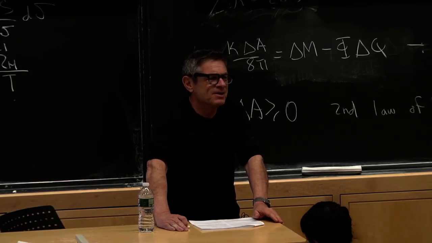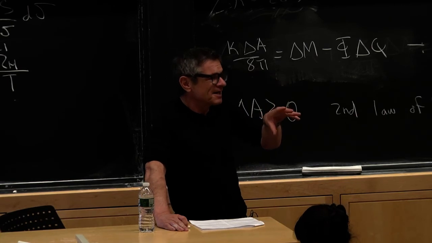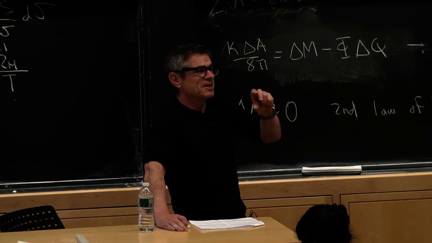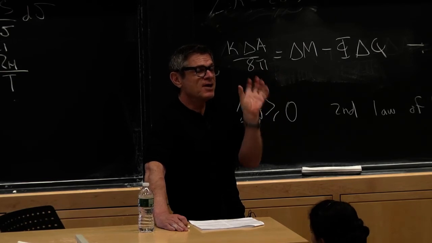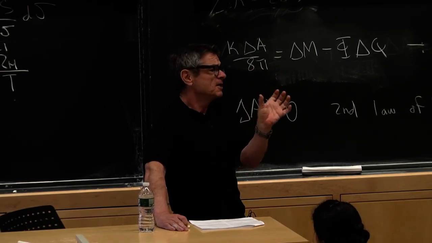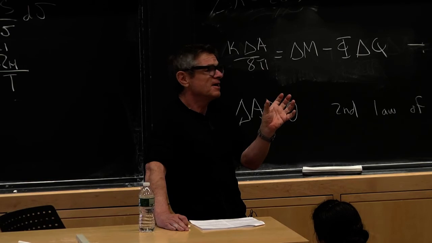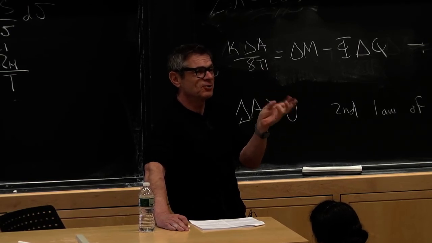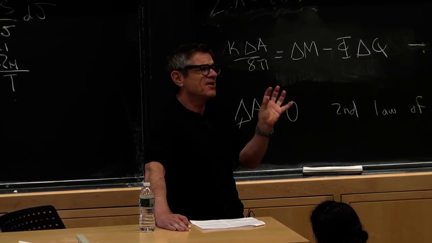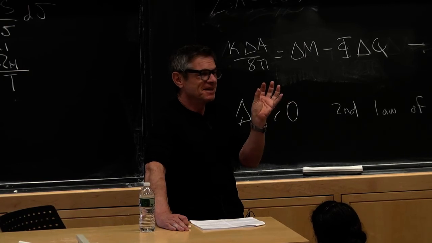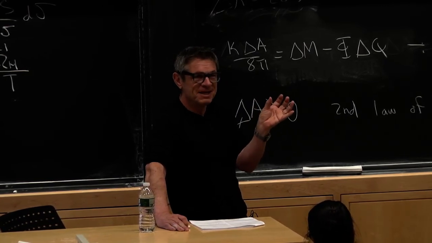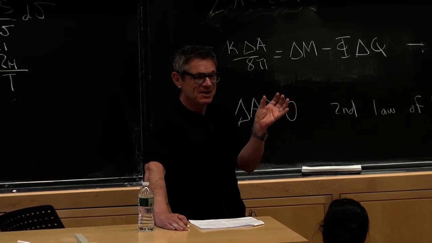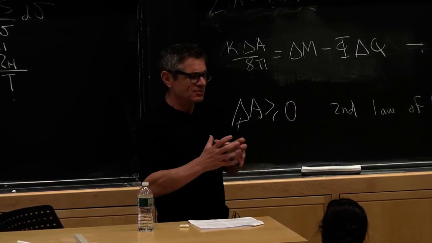When you throw the cup of coffee in, the total entropy should include the entropy of the black hole, which he put proportional to the area in order to make this work. He realized already that the area was the only possible thing you could associate with a black hole that would make any sense as an entropy, that the area should go up.